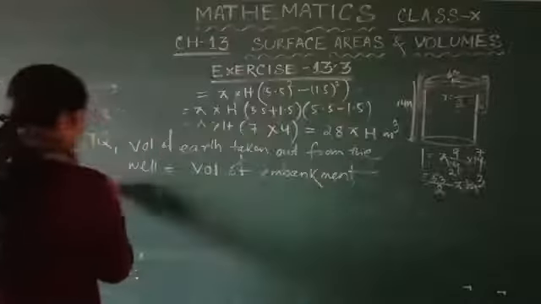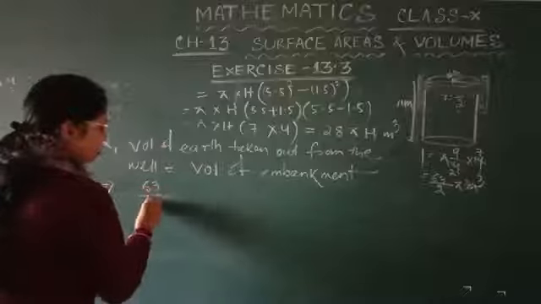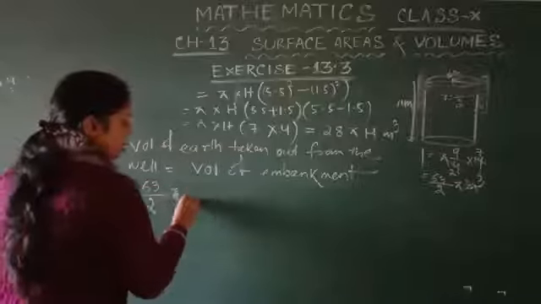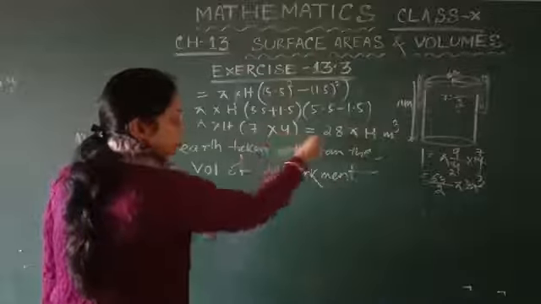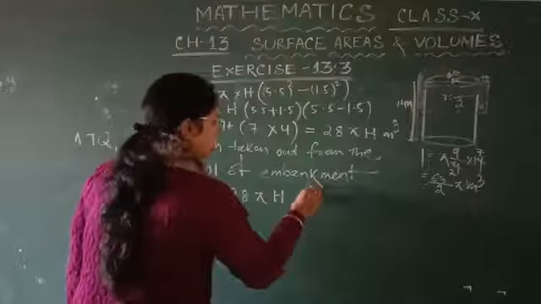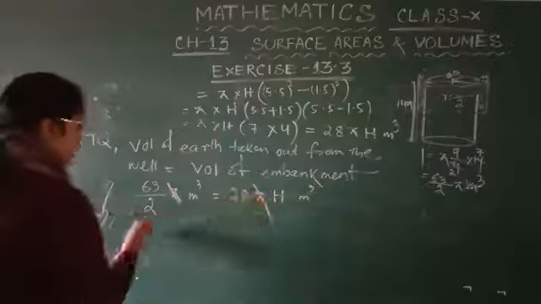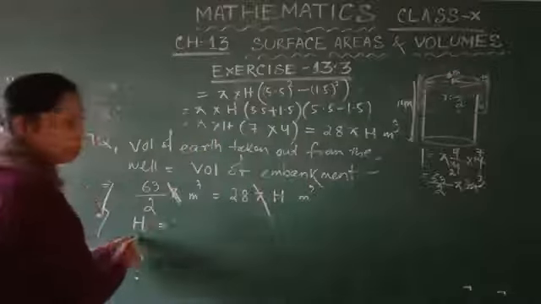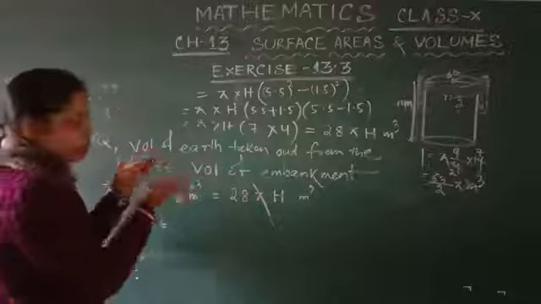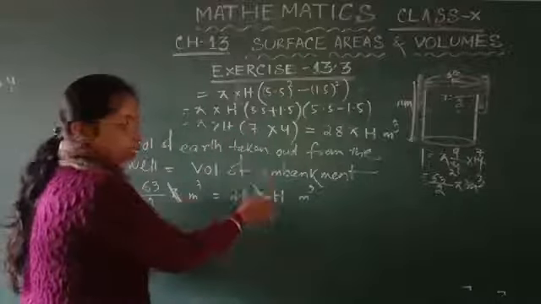So this implies the volume of earth taken out, that is 63 upon 2 into pi meter cube, is equal to 28 pi into h meter cube. Pi on both sides cancels. So this implies h is, h means the height of the embankment. It is not given, so here we have to find the height of this embankment.